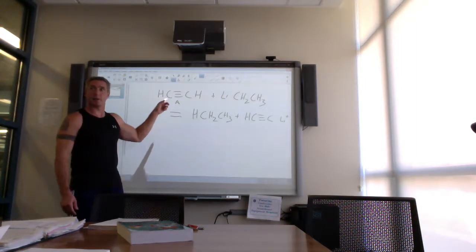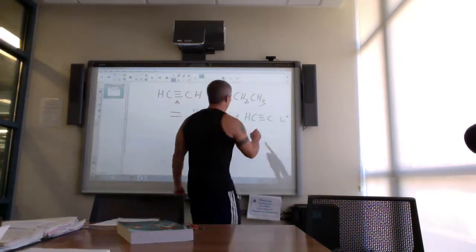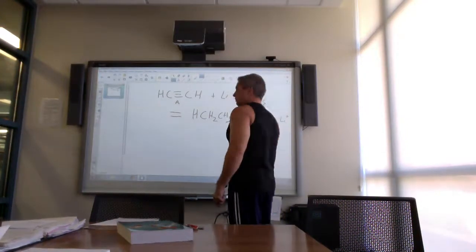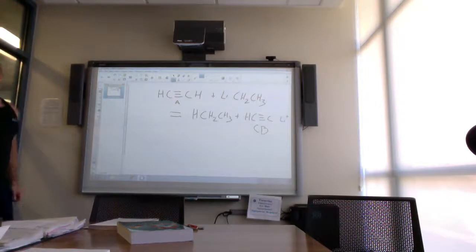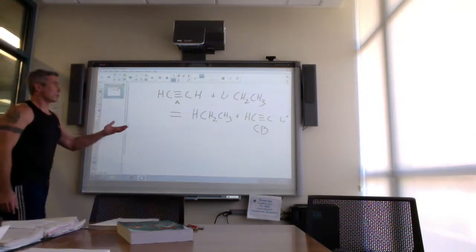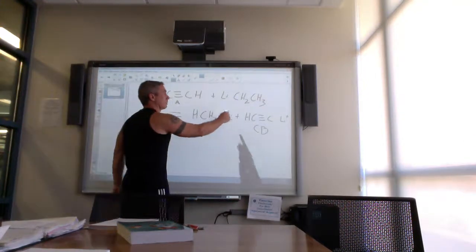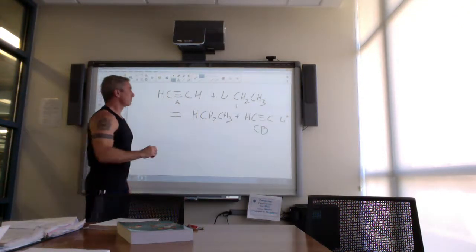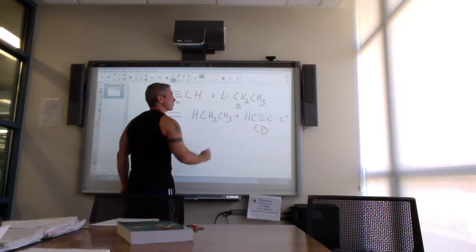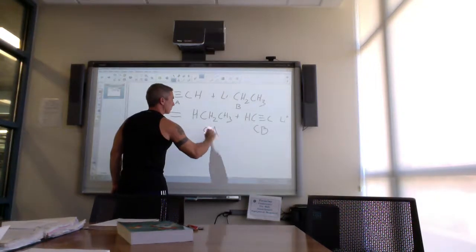It gave up the hydrogen. This is now therefore your conjugate base. If that's true, what's the relationship for these other two? So then this one's gonna be your base, and the other one's gonna be your conjugate acid.